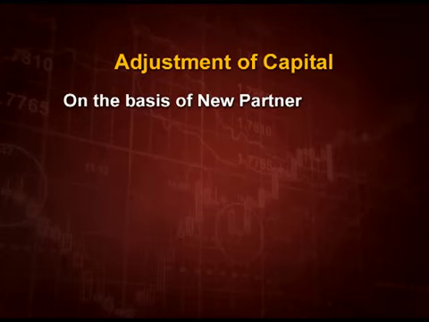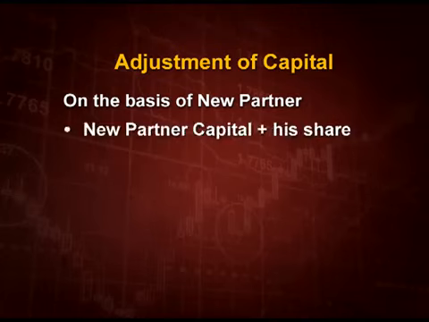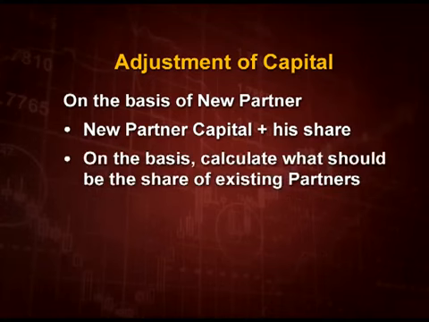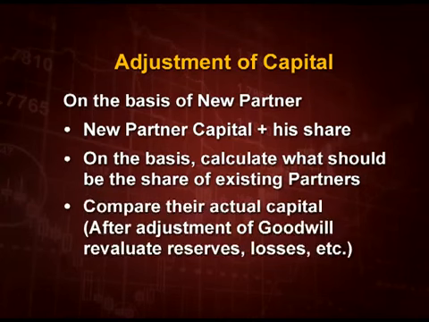If it is on the basis of the new partner, the new partner's capital and his share shall be calculated, which is already given in the question. On the basis of this, calculate what should be the share of existing partners, and then compare it with their actual capital after adjustment of goodwill, revaluation, reserves, losses, etc. It means when we compare the capital of old partners, it should be after all the adjustments given in the question.